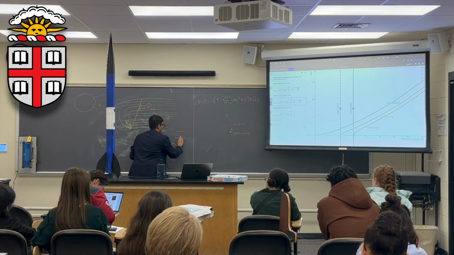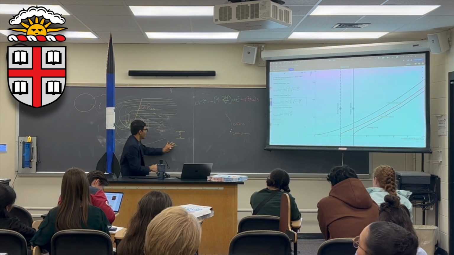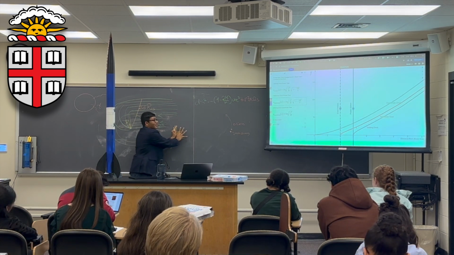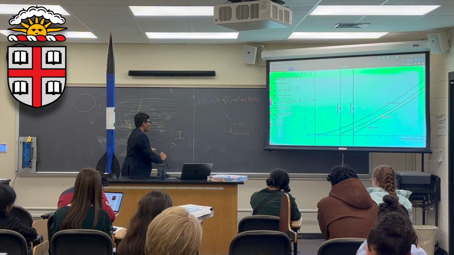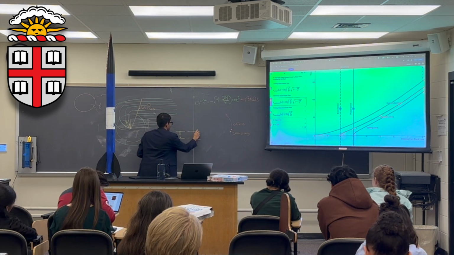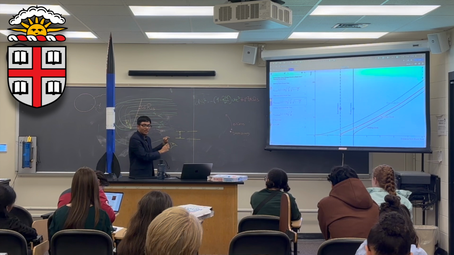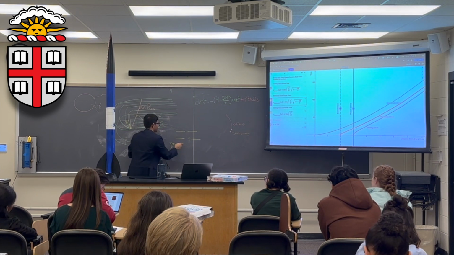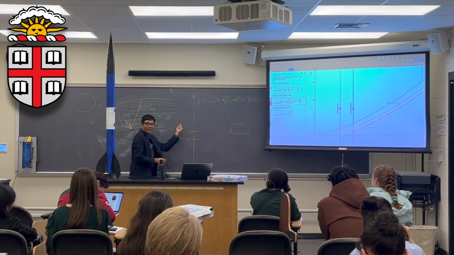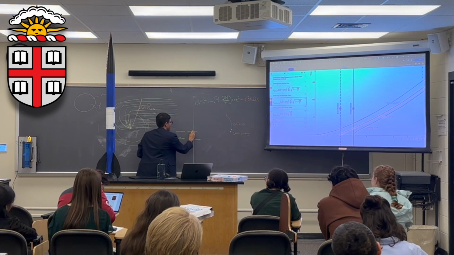If I'm in a reference frame that is moving with this clock, then I'll just see this clock. By the way, this is a light clock, which is just like a regular clock. It's just a photon bouncing back and forth between two mirrors.